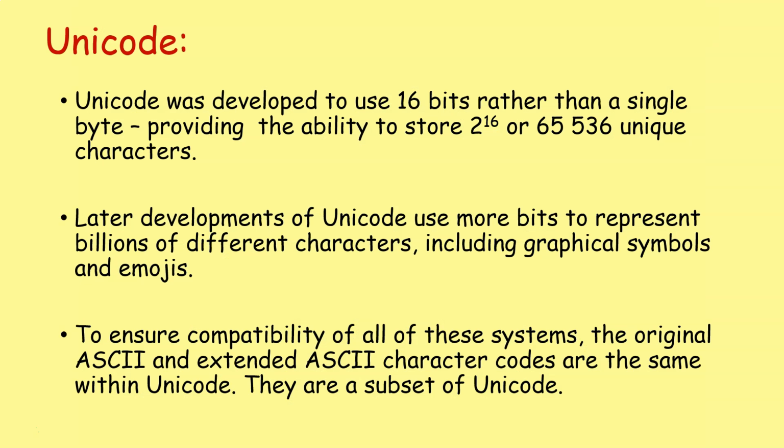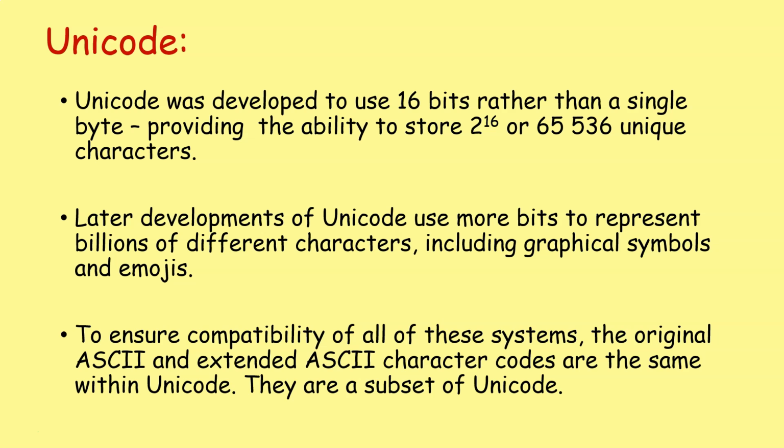Unicode. Unicode was developed originally to use 16 bits rather than a single byte, providing the ability to store 2 to the power 16 unique characters, or 65,536. So that gives it a lot more space to store lots of different characters and symbols from around the world.